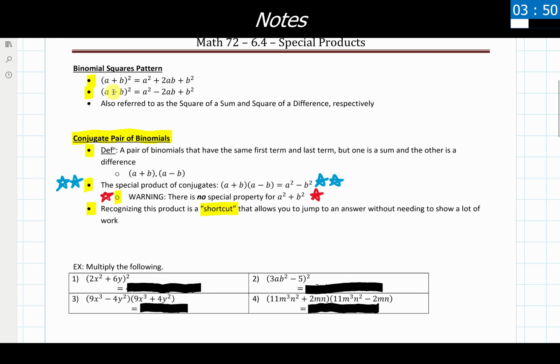And again, the entire point in using these is to recognize, hey, I've been given something in this particular form, one of these two forms here, and I can jump right into my final answer by just substituting a few things in and simplifying stuff down from there. I no longer need to use the distributive property of expanding things out and multiplying them together, though I certainly could, but I can just do this instead and jump really quickly to our final answer.